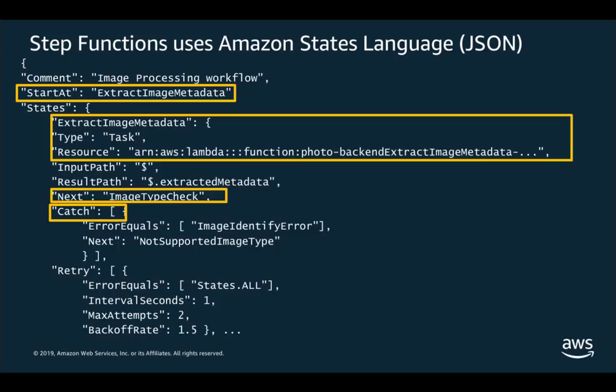And we can process errors. So if we have exceptions, if something doesn't go well, we can catch the error, and we could, in this case, send or iterate to the next step. In this case, not supported image type, and we can retry.